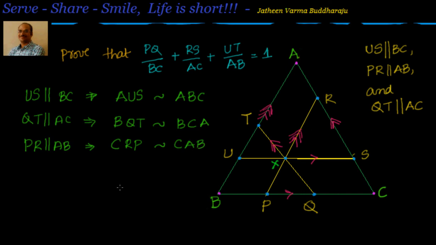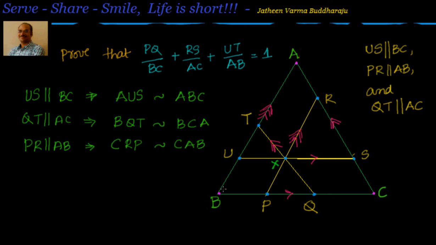We got this because we know that if two lines are parallel to each other and they are in a triangle, then they form similar triangles, because for parallel lines, corresponding angles are the same. So you know that angle BQT equals angle BCA. Similarly, angle BTQ equals angle BAC. So let's try to represent that and see what we have done.